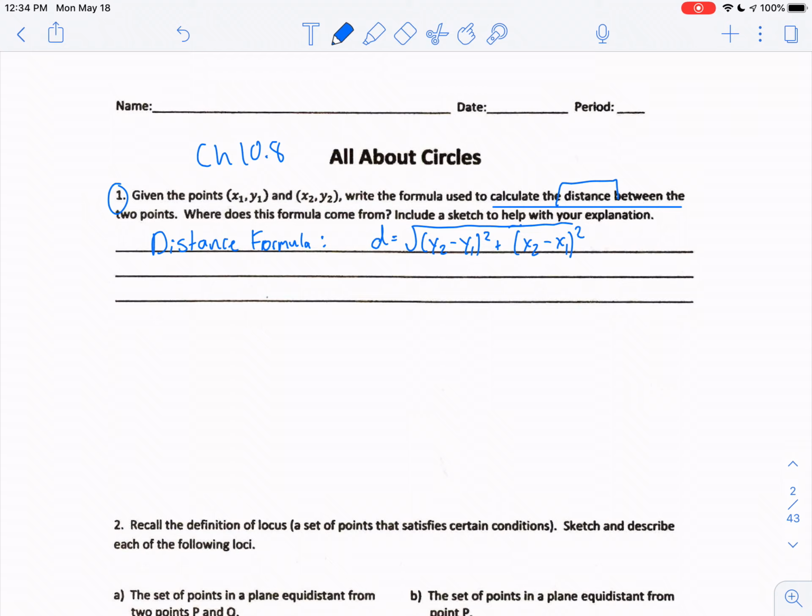Bam, just like that. And just a reminder, this originates from the Pythagorean Theorem.